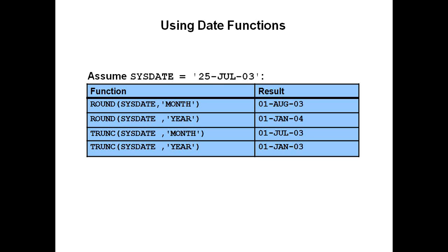Today's date is 25th July, so if you round that to a month, the value will be 1st August 2003. Similarly, if you round it by year, the value will be the first date of the next coming year, that is 1st Jan 2004.